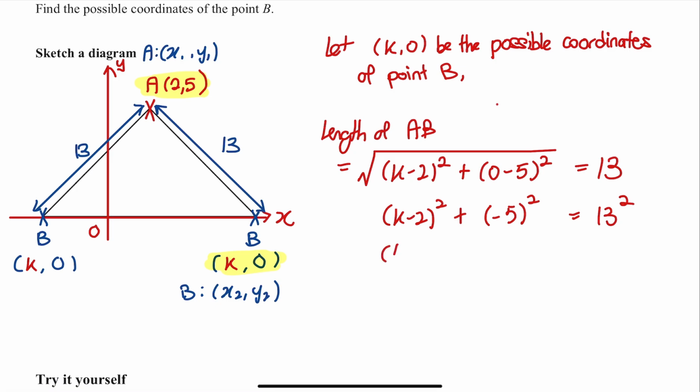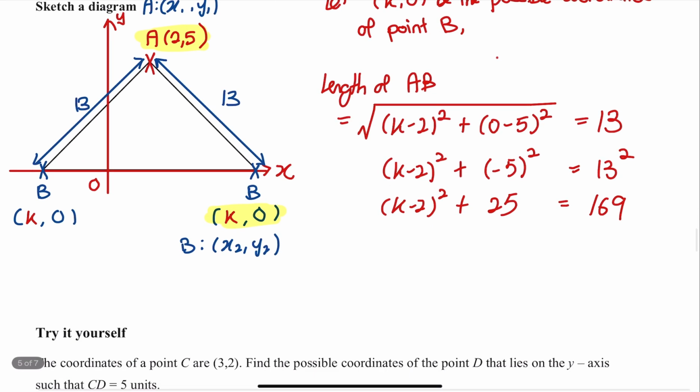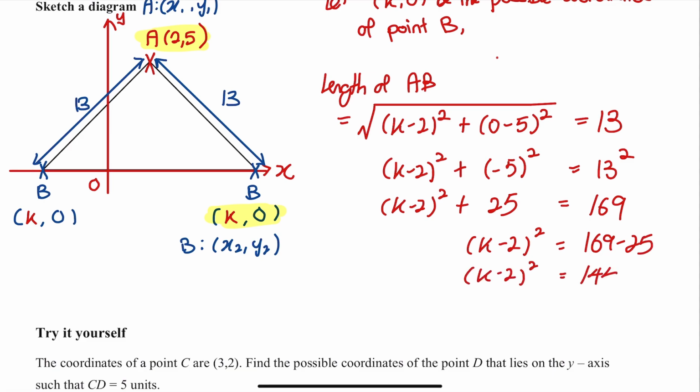I'll get k minus 2 square plus 25 equals to 13 square is 169. Okay, therefore this means that k minus 2 square is equal to 169 minus 25, which will give me 144. Okay, this means that k minus 2 square is equal to 144.